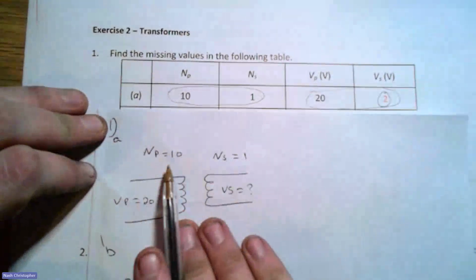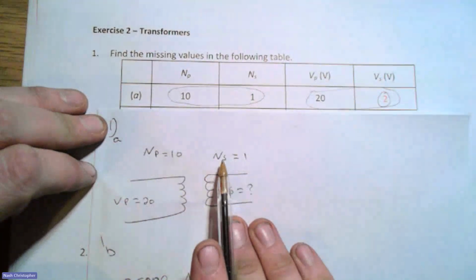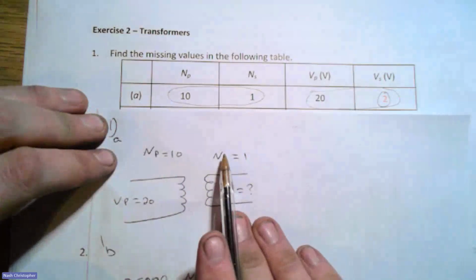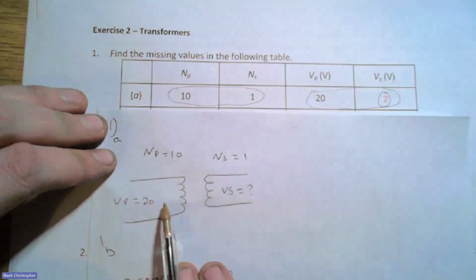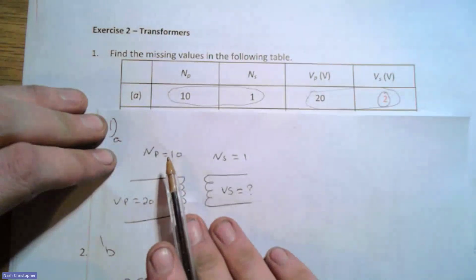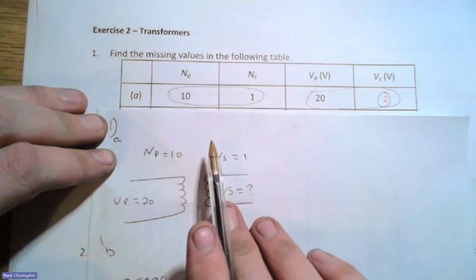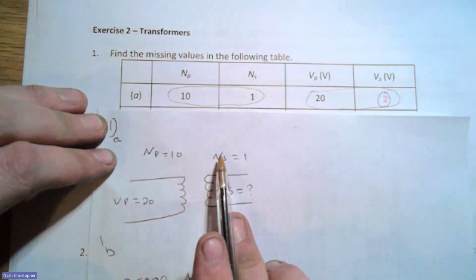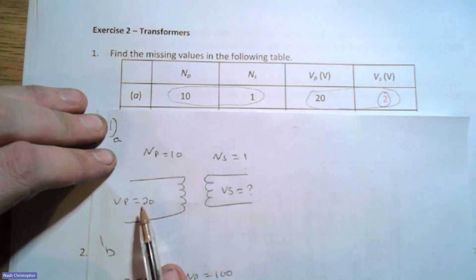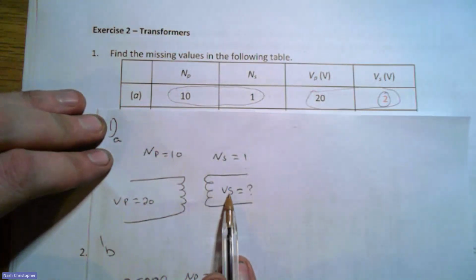So we will use those to calculate the ratio, which will then allow us to figure out what the ratio here is. So the ratio for the turns is a value on its own, but that ratio is the same as the ratio for the number of turns, and it's the same ratio for the voltage.